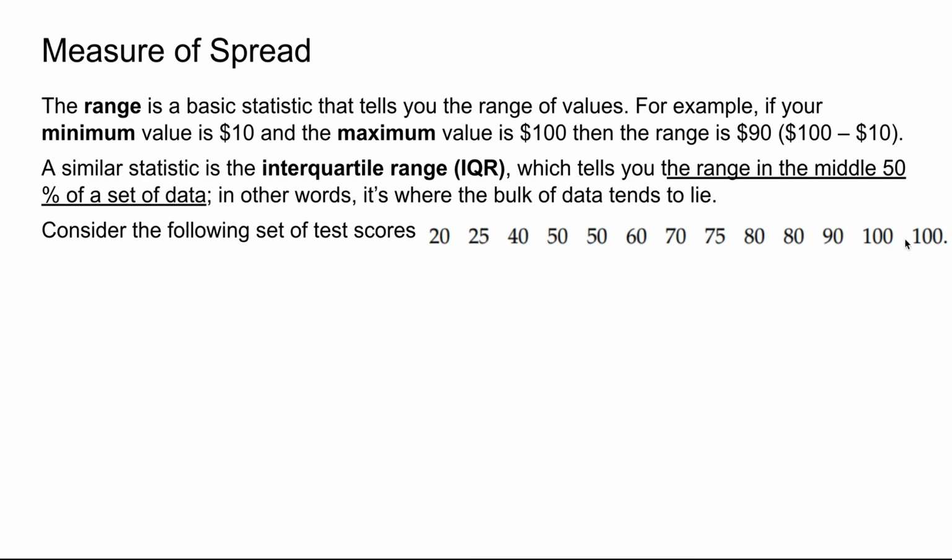Right in the middle is right here. You can cross out the first, second, third from the bottom and from the top, fourth, fifth, sixth, and then 70 is right in the middle. So we know this is the median.